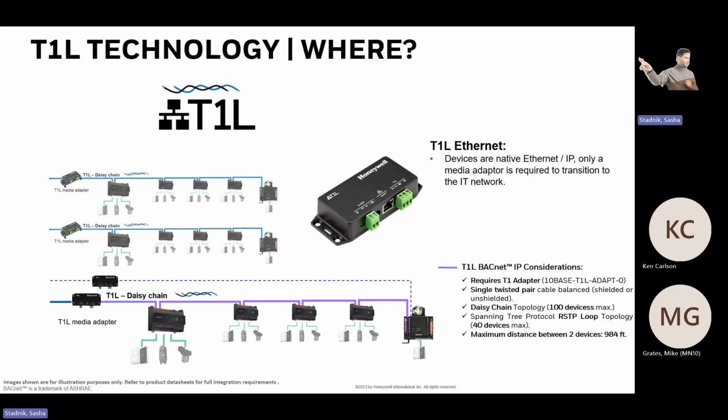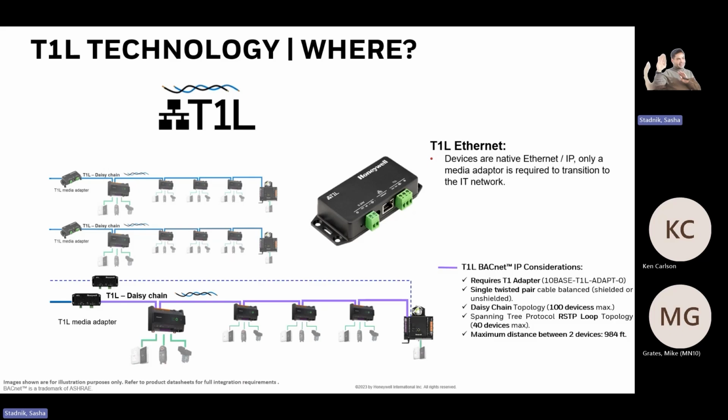It's 6,000 feet. You already surpass the T1L standard. That is why we say the maximum allowed between devices on the daisy chain, if you still want to use the failover switch, is 900 something foot, or you can do 1,200 foot between this device and this device and still keep communication.